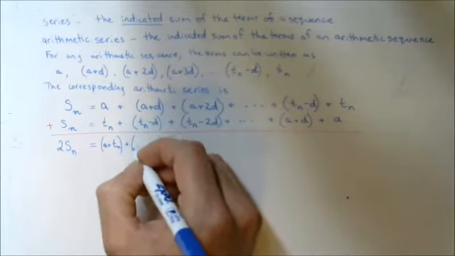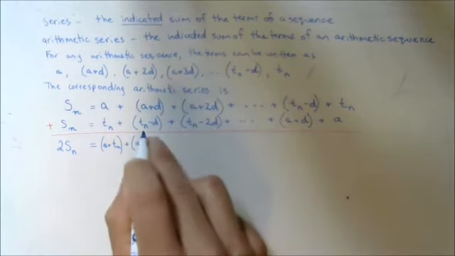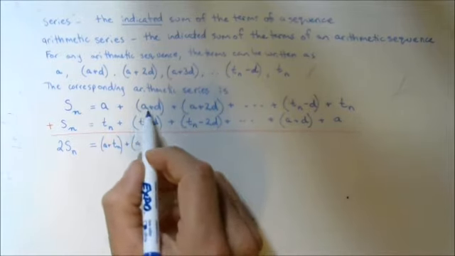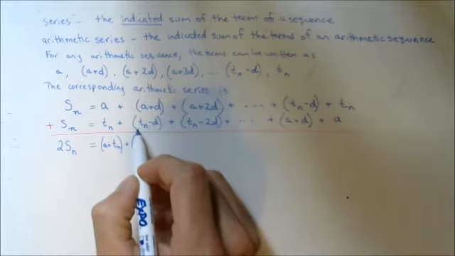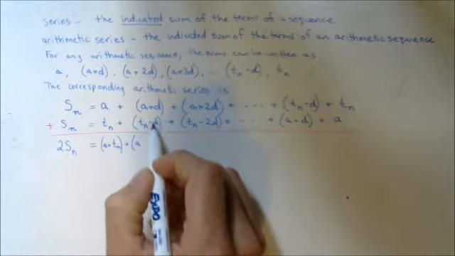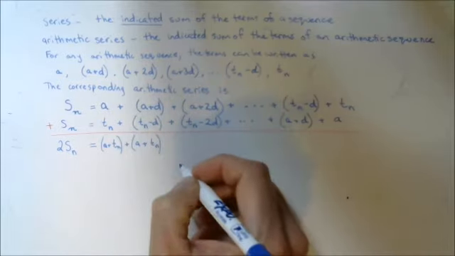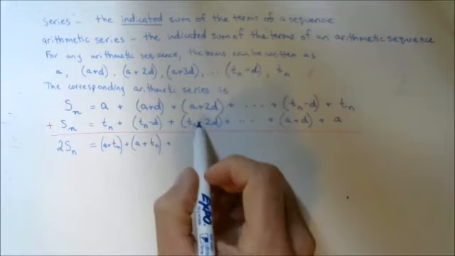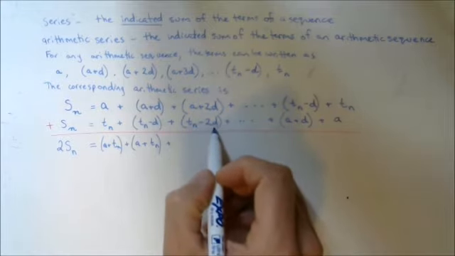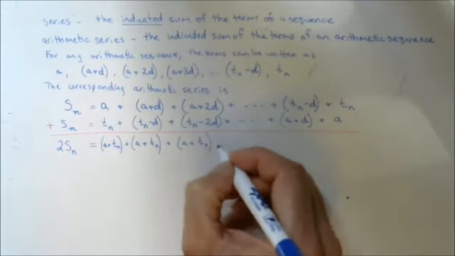Here we have a plus d plus t n minus d. So we've got plus d minus d, that's a wash, and we have a plus t n. Same thing happens here. We have plus 2d minus 2d. So we're just left with a plus t sub n.